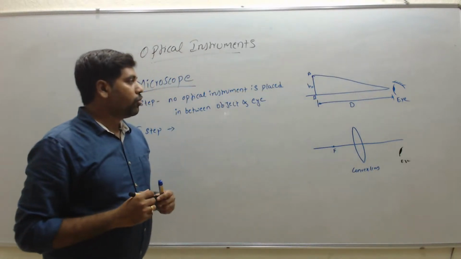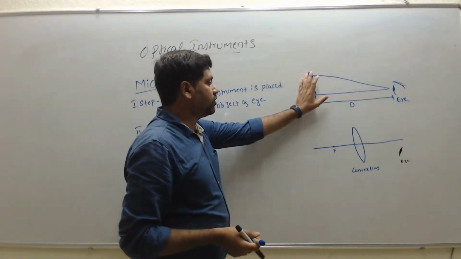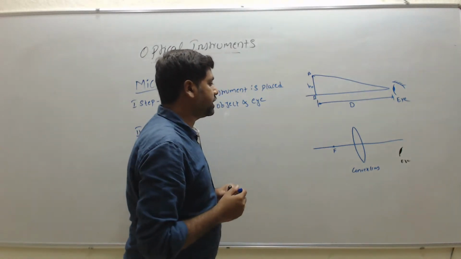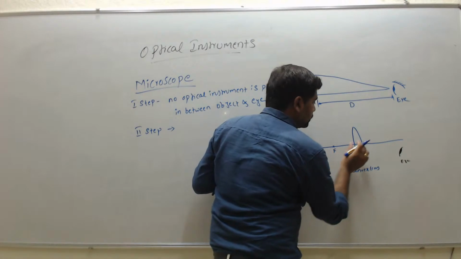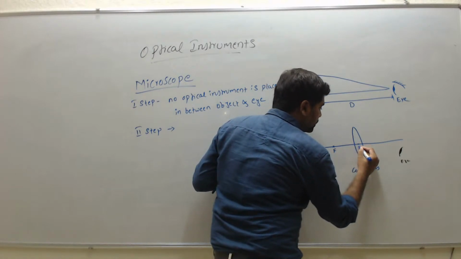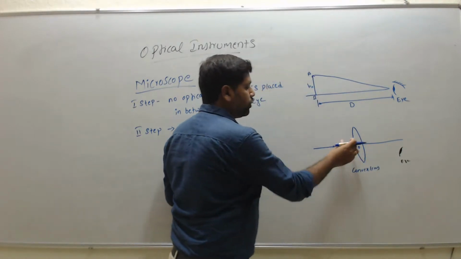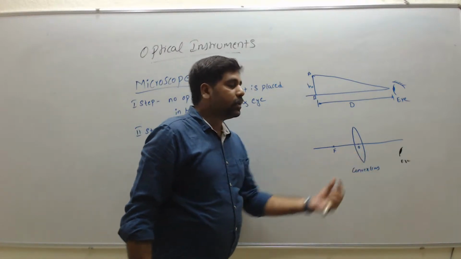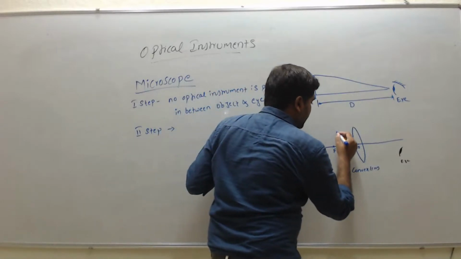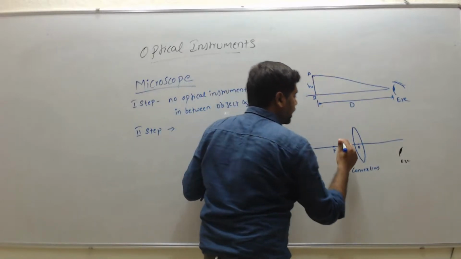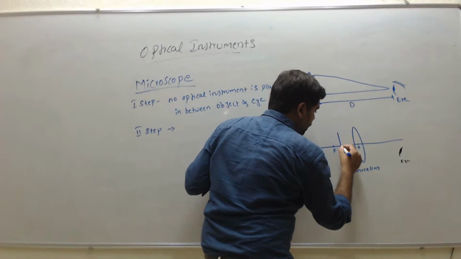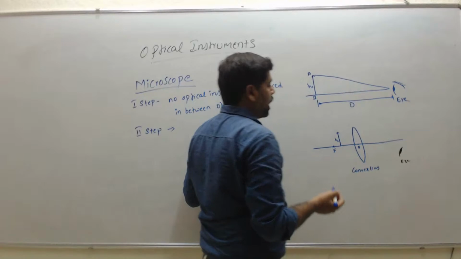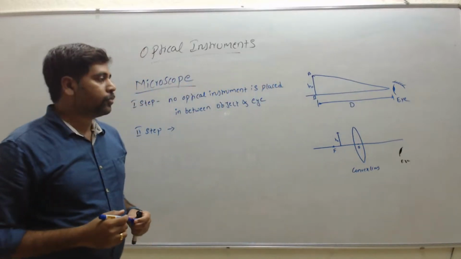Right? So how do we have to place the object here? We are going to place the object in between the focus and the optic center. If I place it here, that is the height of the object, h0.